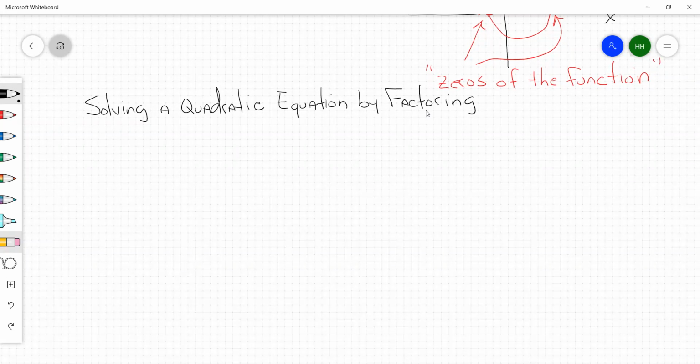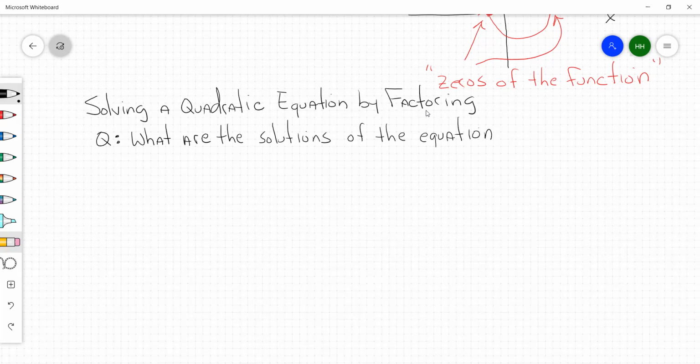And here's the type of question that you might get. You're going to be asked, what are the solutions of the quadratic x squared minus 5x plus 6 equals 0.